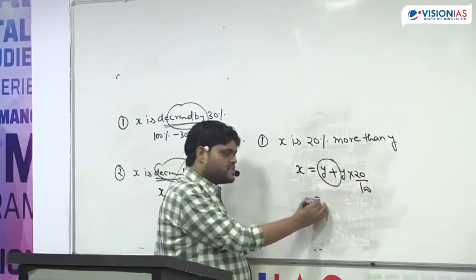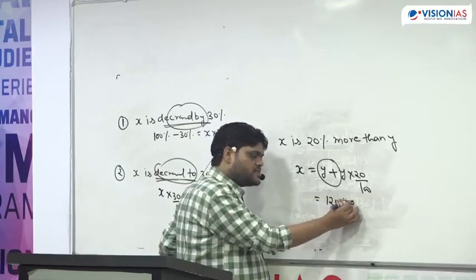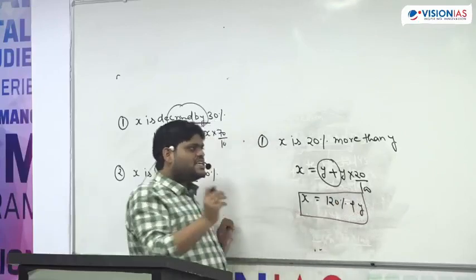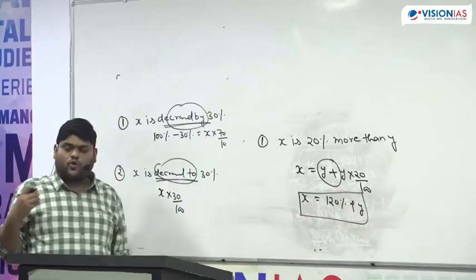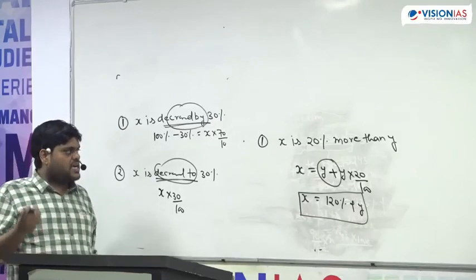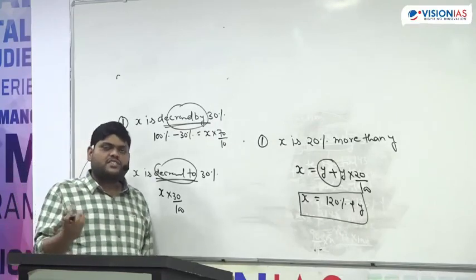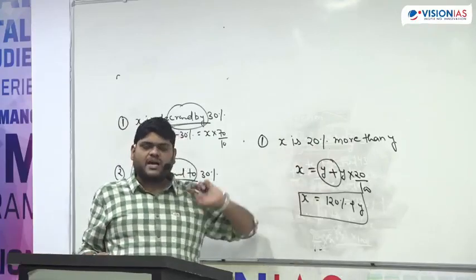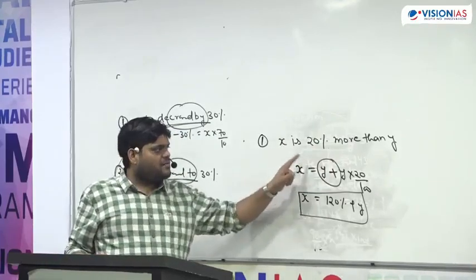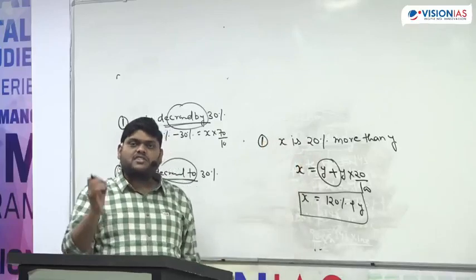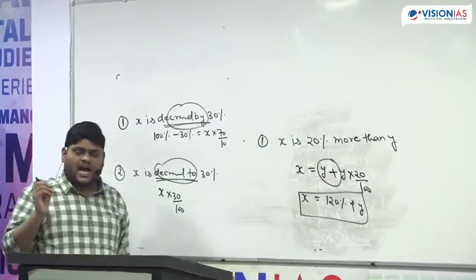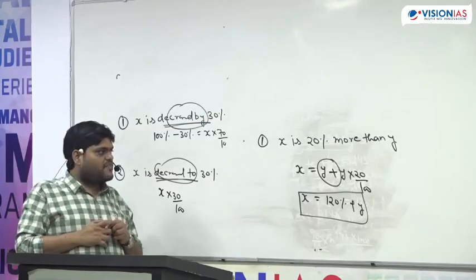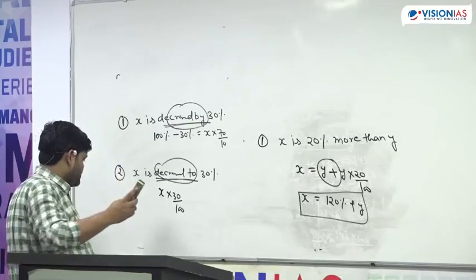So simply this becomes 120% of y. These are the terms which they are going to use in the questions. So always be aware of these types of statements, because they are going to use them in the question, and if you know this, you are able to solve it very easily.